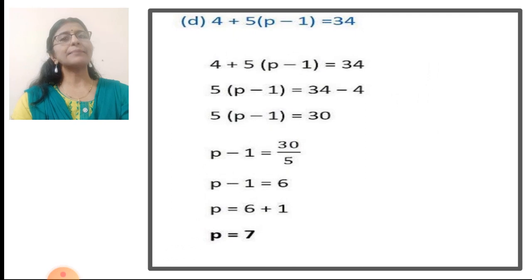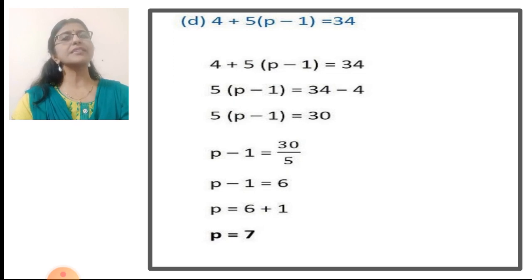Now the next example is 4 plus 5(p minus 1) is equal to 34. Now here you can see a term is in the bracket, so we will write that first on the left hand side. The term with the variable is in the bracket, so we'll write that first, and 4 is positive on the left hand side. We'll take it to the right hand side.